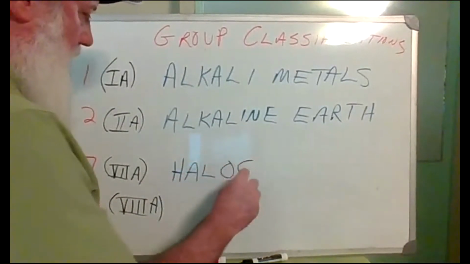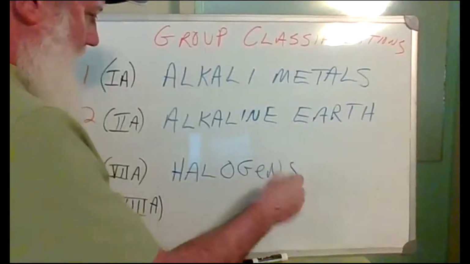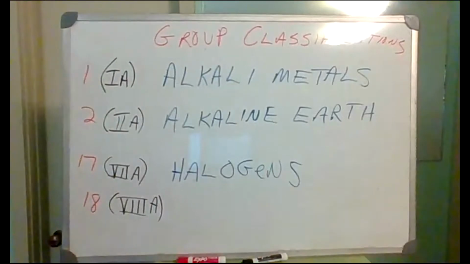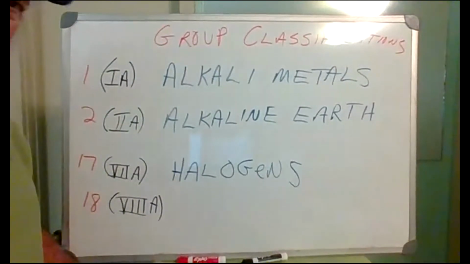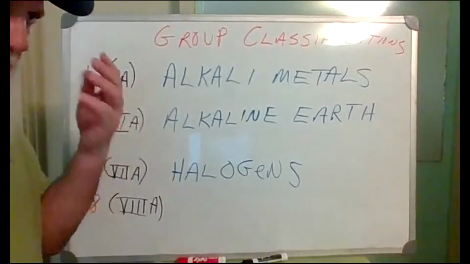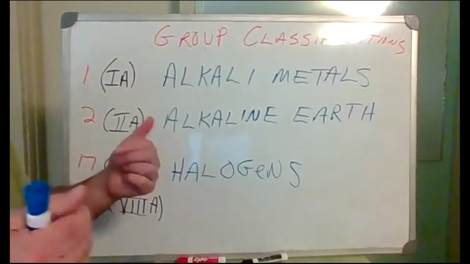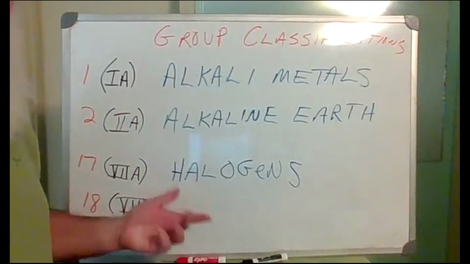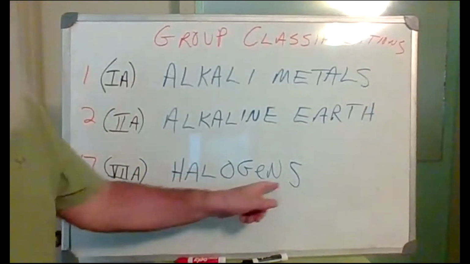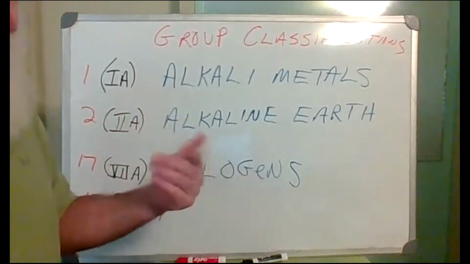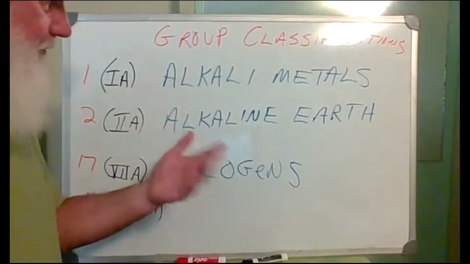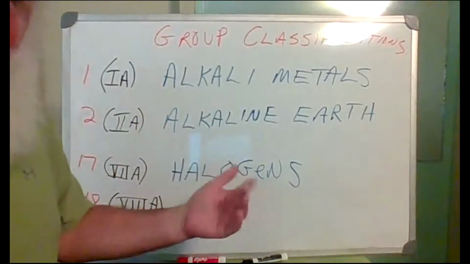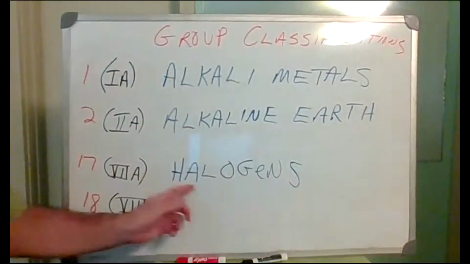Group 7 is called the halogens. Where have you heard that word? Lamps, or headlights on cars. If you're driving at night and you're blinded by someone, sometimes I'll flash my high beams at them because I think the other car has their high beams on, but they don't. They just have halogen headlights.